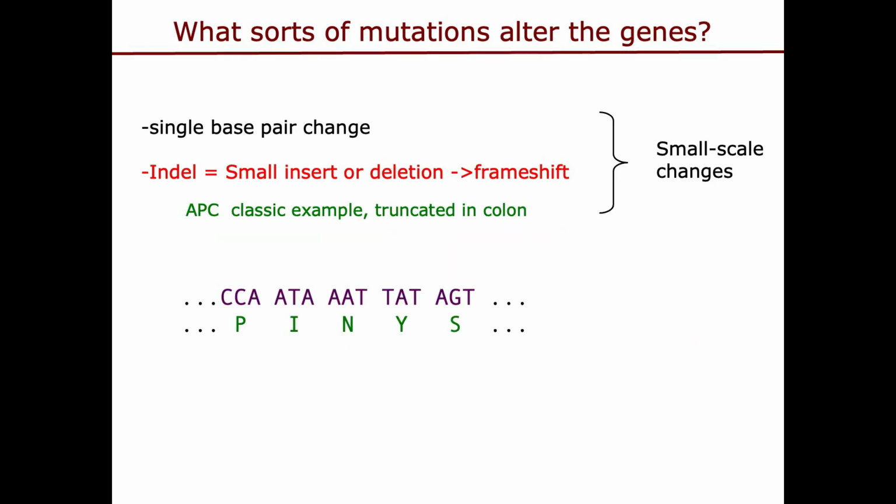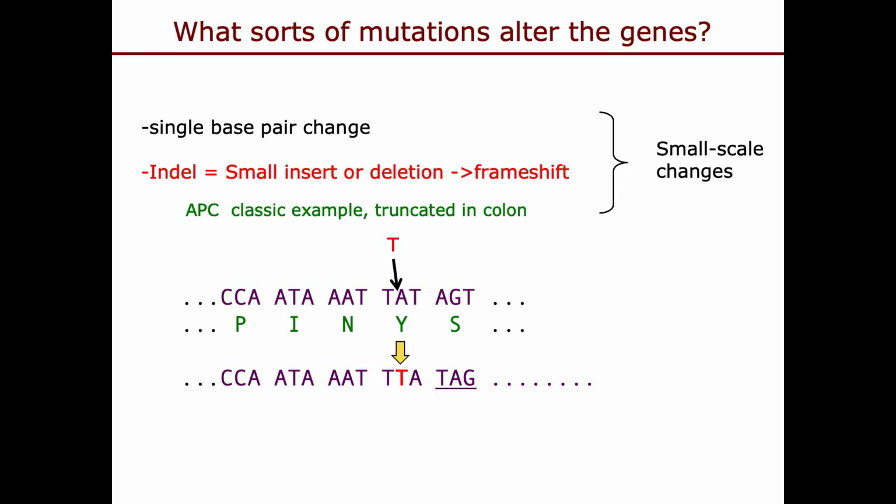Here's a real example from a real tumour. There's the amino acid sequence in green written underneath the DNA sequence, CCA, ATA, and so on, in purple. In this particular case, a T has been inserted next to an A, and this results in a shift in the reading frame.